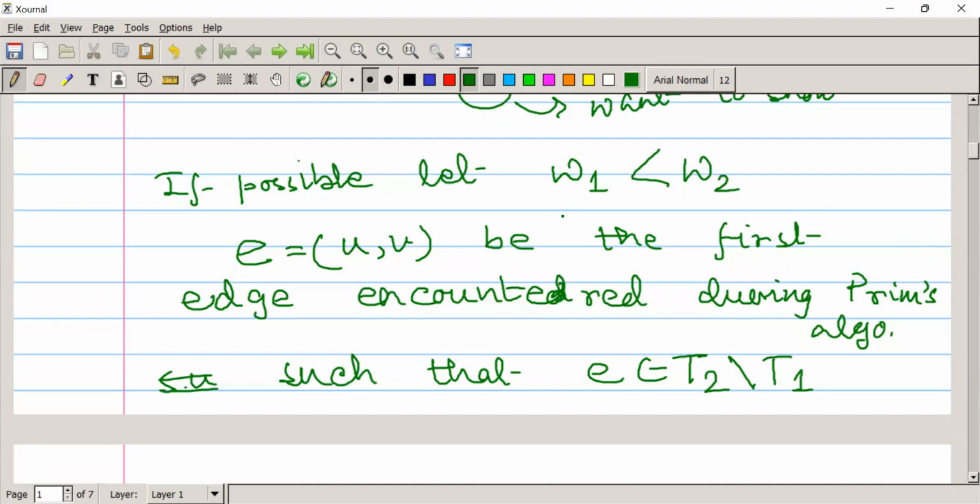Yes, ma'am. So E is the first edge that was not in T1 but in T2. And since T1 is a tree, this U and V must be connected via some path in T1, right?